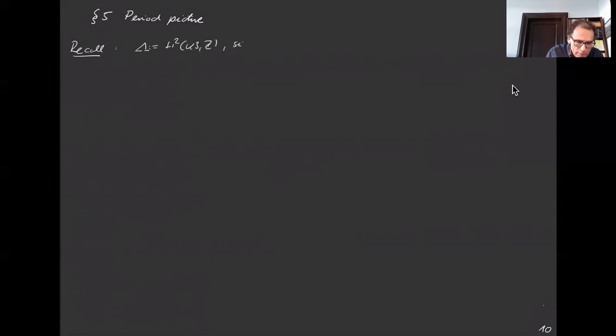We know its signature is (3,19). And then we look at the period domain, so D, so that's the period domain, D in Q in the projective space I get from the complexification of the lattice, which is a 21-dimensional projective space.